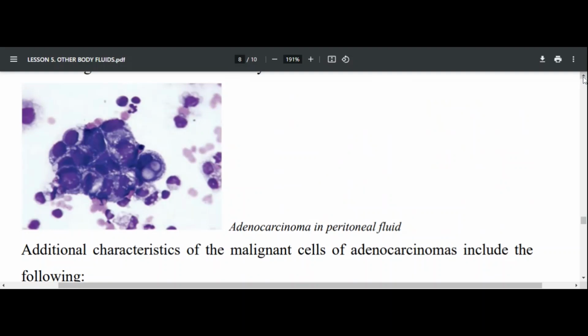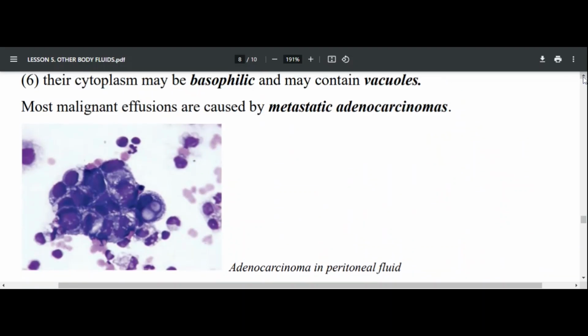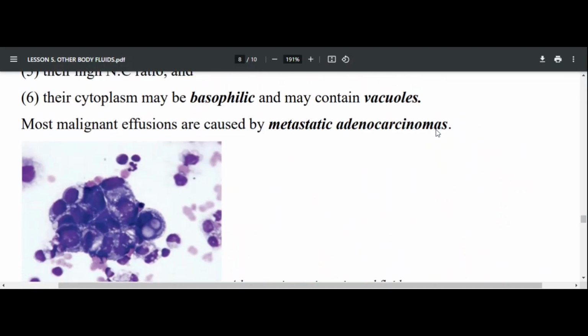But also we should not forget to mention that apart from these cells that are looking like this, even the malignant hematogenous cells, for example, in case of leukemia, metastatic leukemia, cells can also migrate to these fluids or cavities, and also lymphomas as well.